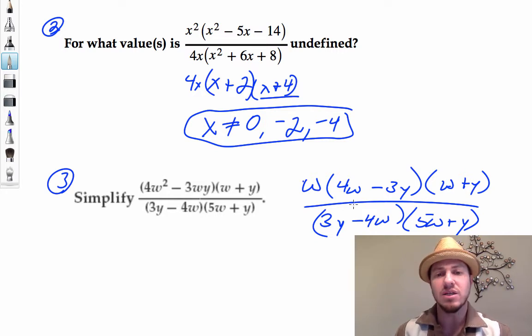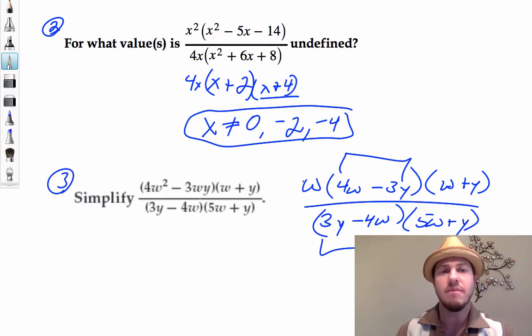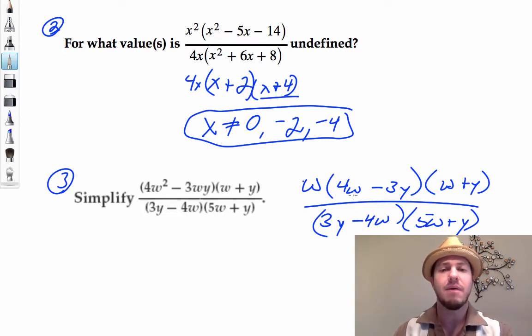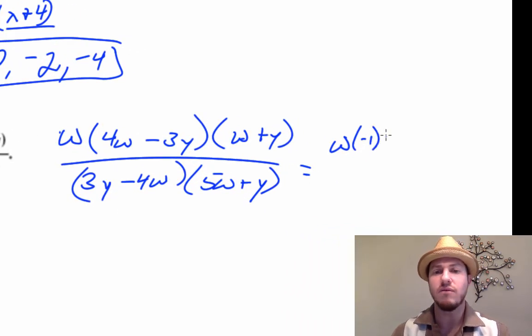But pay attention to this term and this term. They are very close. They're just flip-flopped. And with the minus, I can get them to look the same by factoring a -1 out of one of them. So I'm going to take this numerator and factor a -1 out of it, and that's going to make this 4w a negative, and it's going to make this 3y a positive.